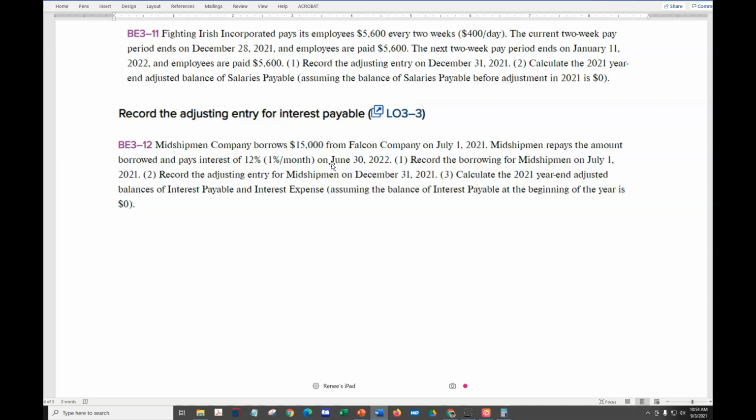So the following year, they repay it. We're asked to record the borrowing for Midshipman, so we're Midshipman. You have to pay attention to which company you're recording, because sometimes they flip them on you. So we're Midshipman and we're borrowing money. We're asked to record that entry and then the adjusting entry at December 31st.